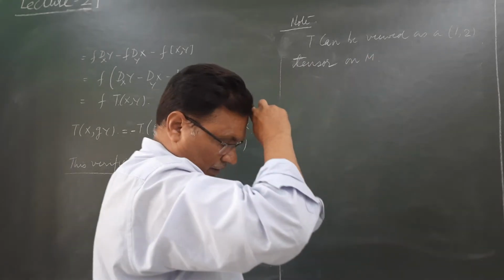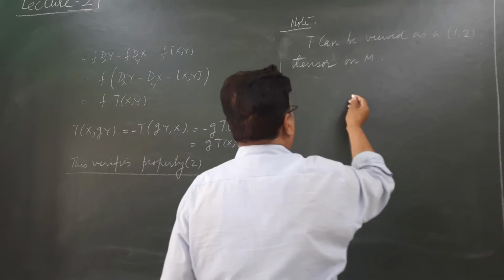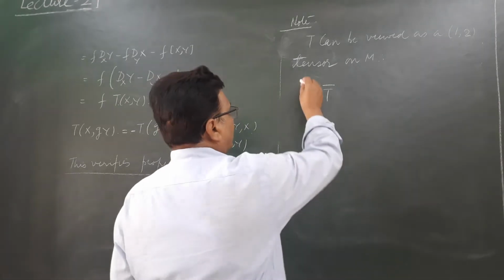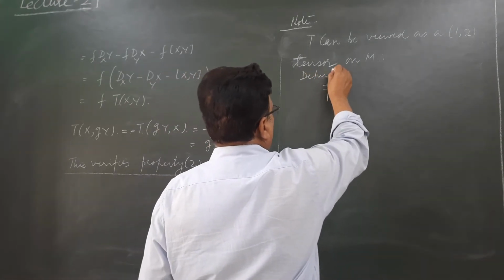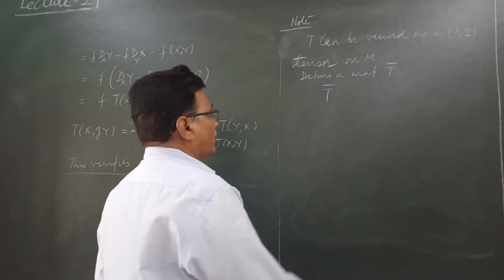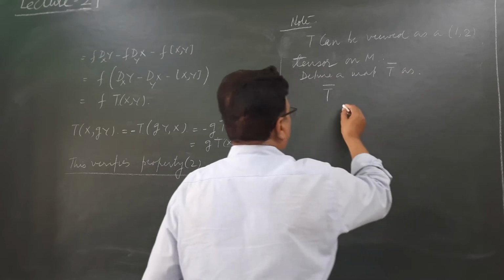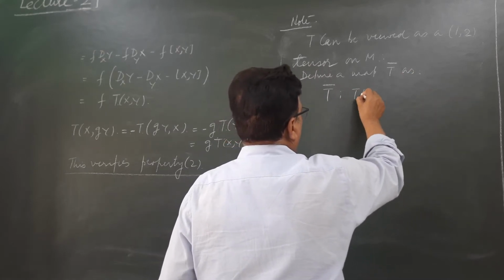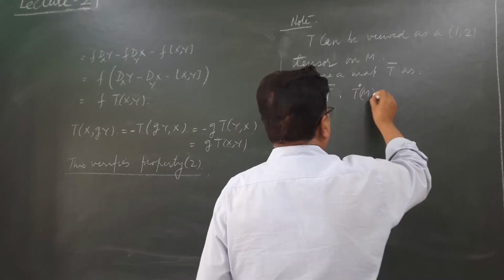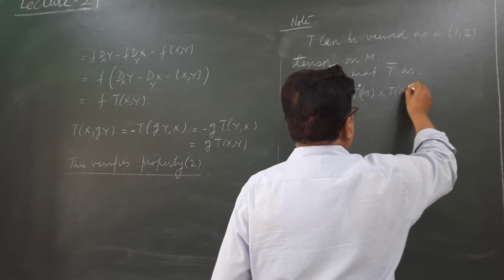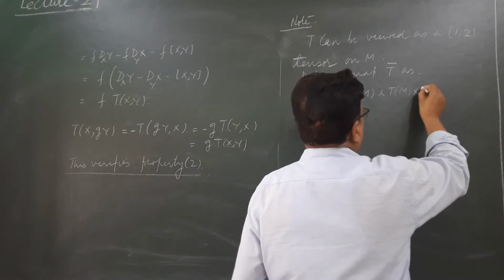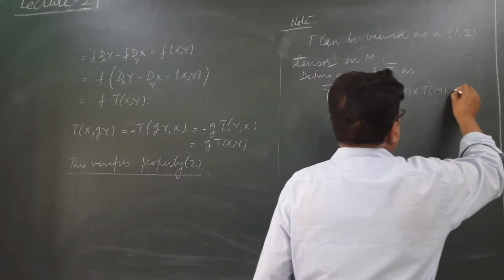How? Let me explain. I will define a map, let us say T bar, as follows. T bar is a map from the dual space cross tangent space cross tangent space, or you can call it the space of vector fields χ(M), into R or into C∞(M).